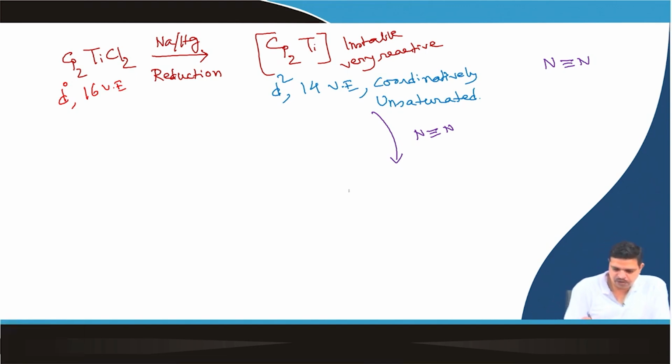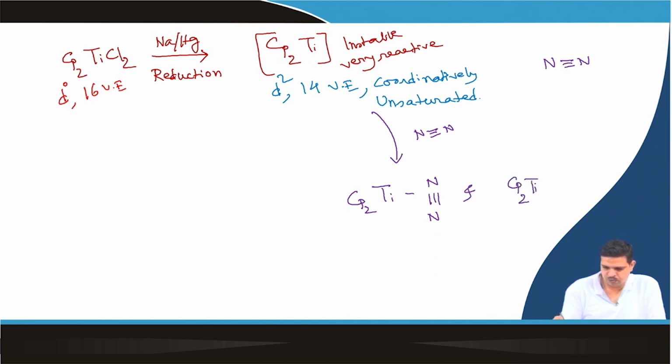So what happens? This Cp2Ti forms a dinitrogen complex in both ways, like this one and like this way, in both modes. So this is actually in equilibrium.